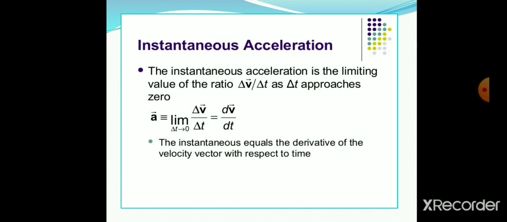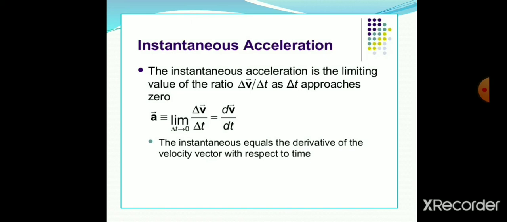Instantaneous acceleration is defined as acceleration at any particular instant of time. The instantaneous acceleration is the limiting value of the ratio delta v by delta t as delta t approaches 0. So instantaneous acceleration a is defined as limit delta t tends to 0 of delta v by delta t, or it is noted as d by dt of v.